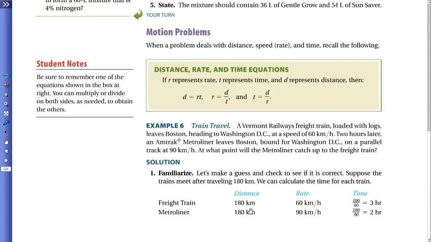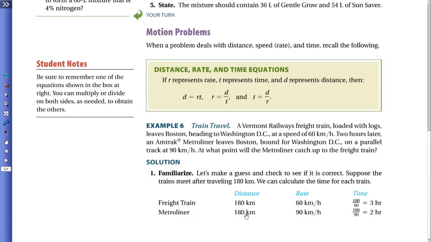So like the freight train, if it went 180 kilometers at 60 kilometers per hour, we would use the formula where we're trying to find the time, which is time equals distance divided by rate. So you take 180 kilometers divided by 60 and you get a time of 3 hours.